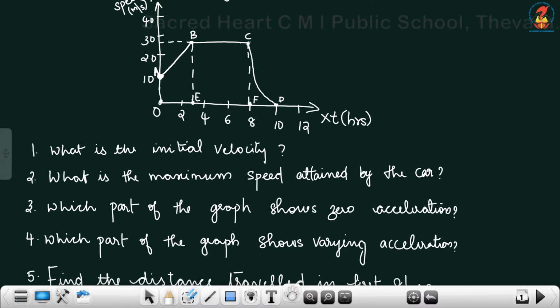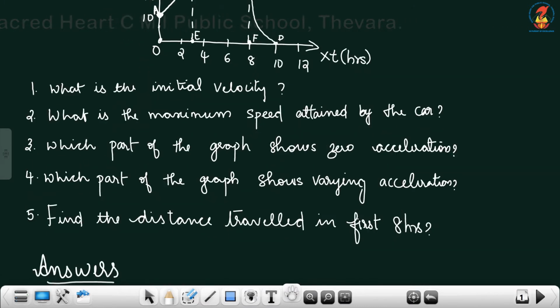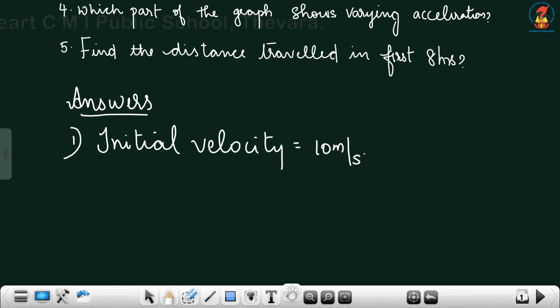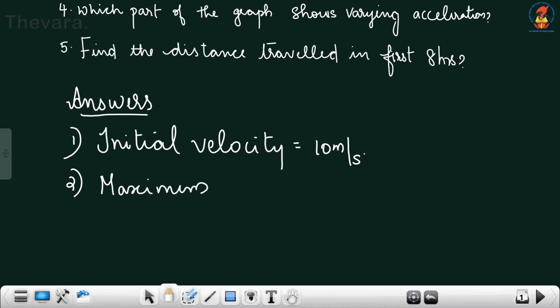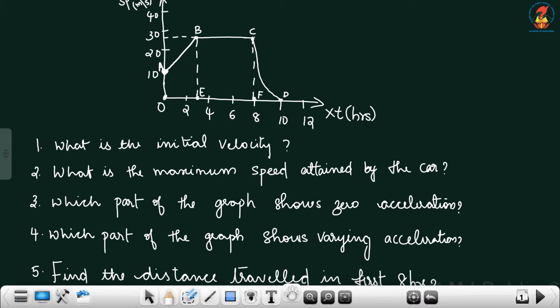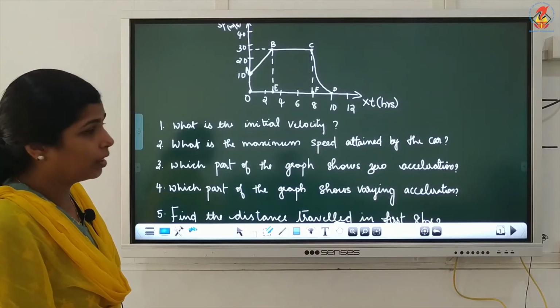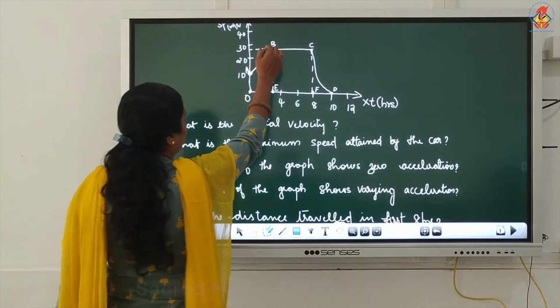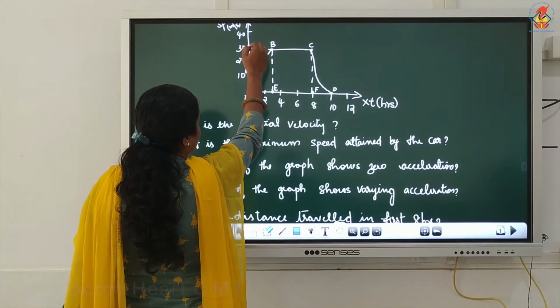So, the maximum speed attained by the car is 25 meter per second. It's between 20 and 30. Okay, at point B, I have drawn a dotted line here, this dotted line.